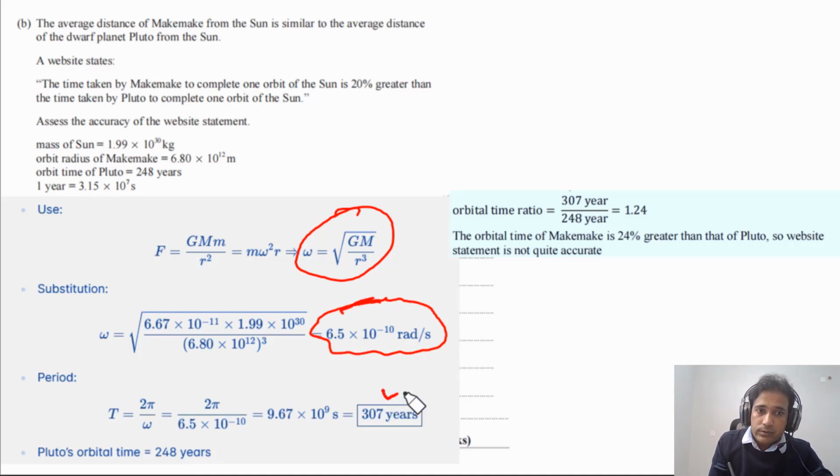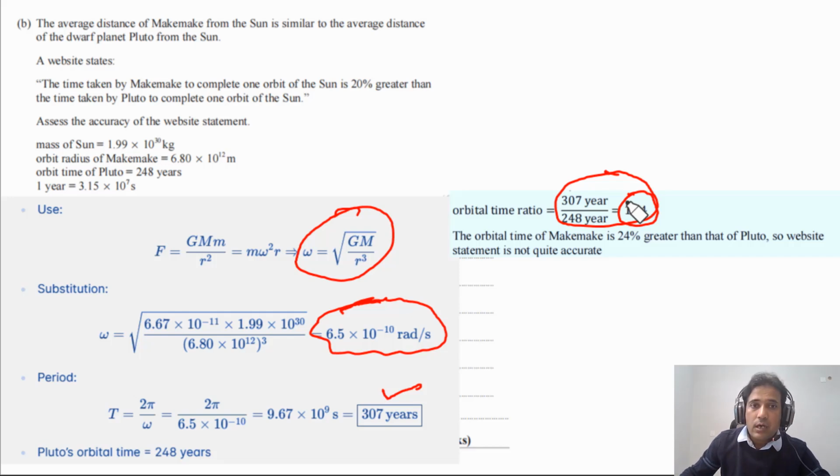Then we have calculated the time period. Here we have converted this into years, and here we have divided. So we have found 1.24. It means this is 24% more than the time period of Pluto, the orbital time of Pluto. So the statement is not quite accurate. So this is how you need to approach.